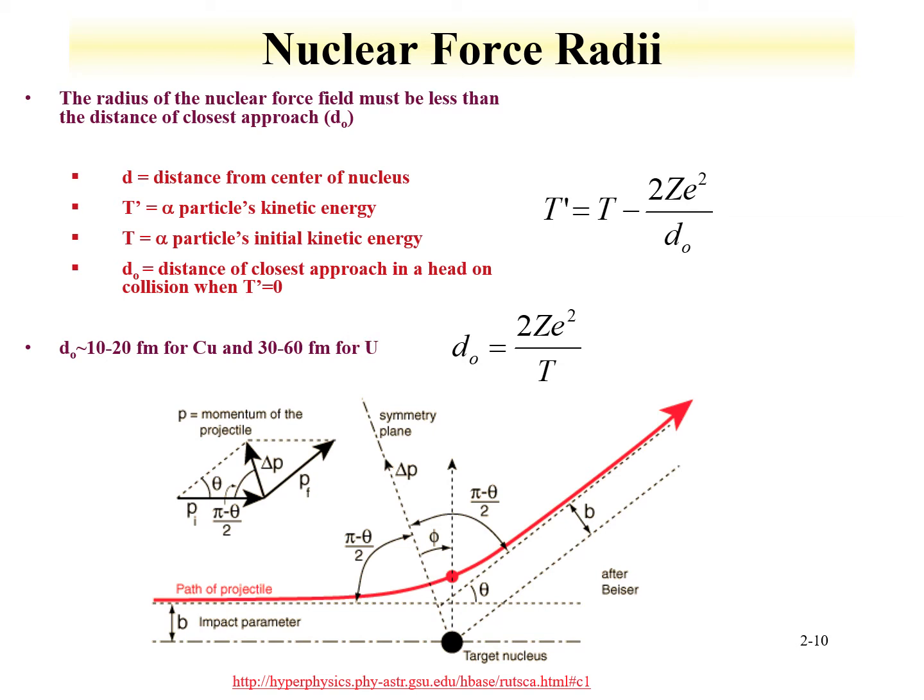Why are there differences in the distances? They're pretty significant. It really has to do with the energy of the particle one is using to probe the nucleus. And what you're really looking at is Coulombic properties. So it's a close approximation, but it gives us ideas on what this distance of closest approach to the nucleus is, and I can use that to get an idea of the radius of the nucleus.